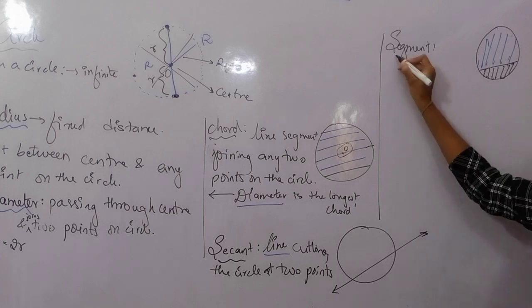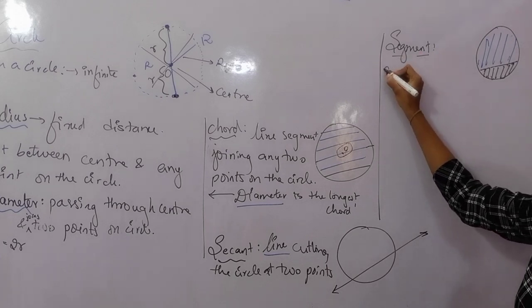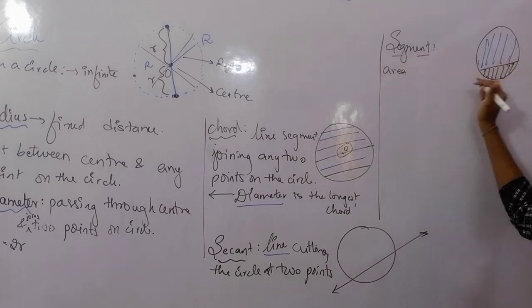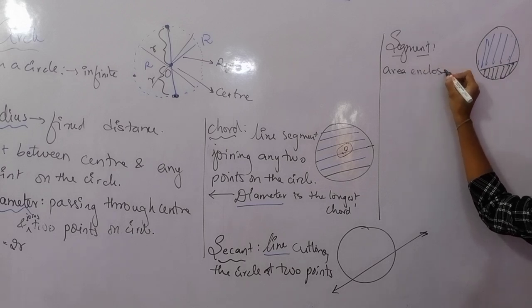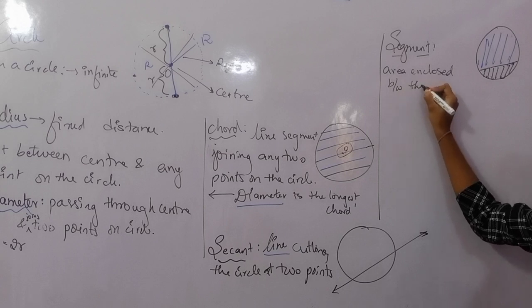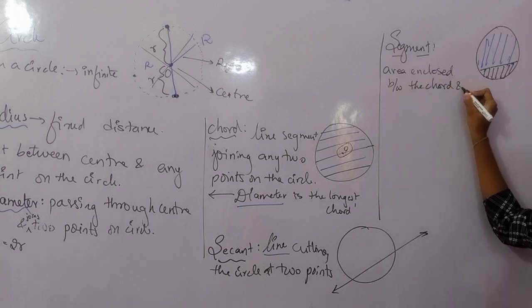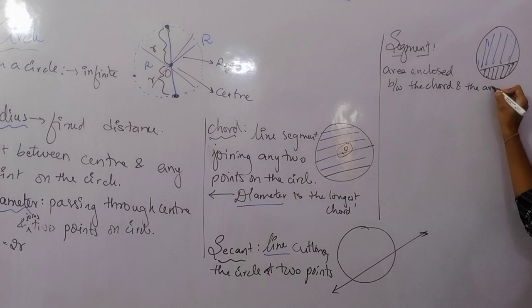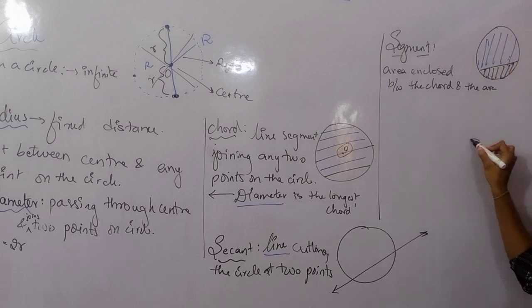So can you define segment? A segment is the area enclosed between the chord and the arc. I hope you know what an arc is. An arc is a part of the circle.